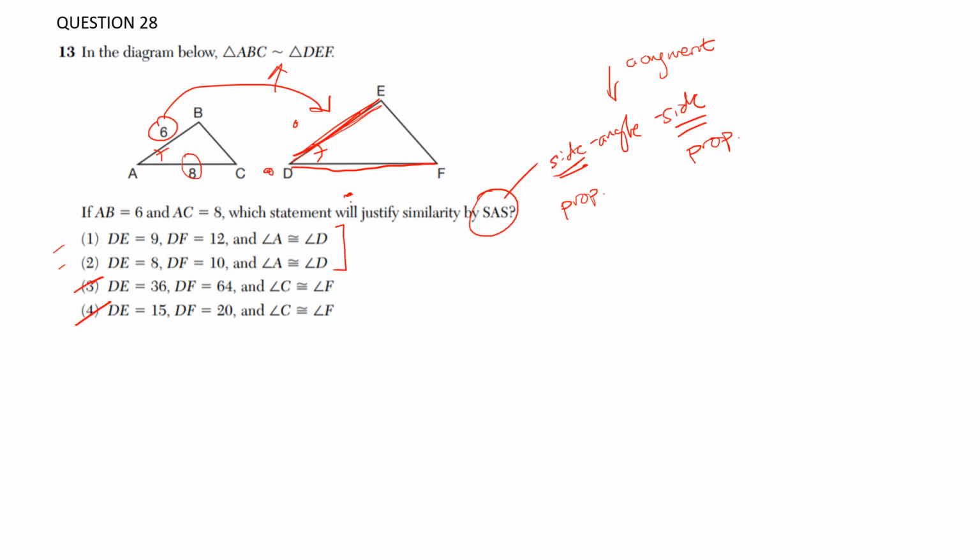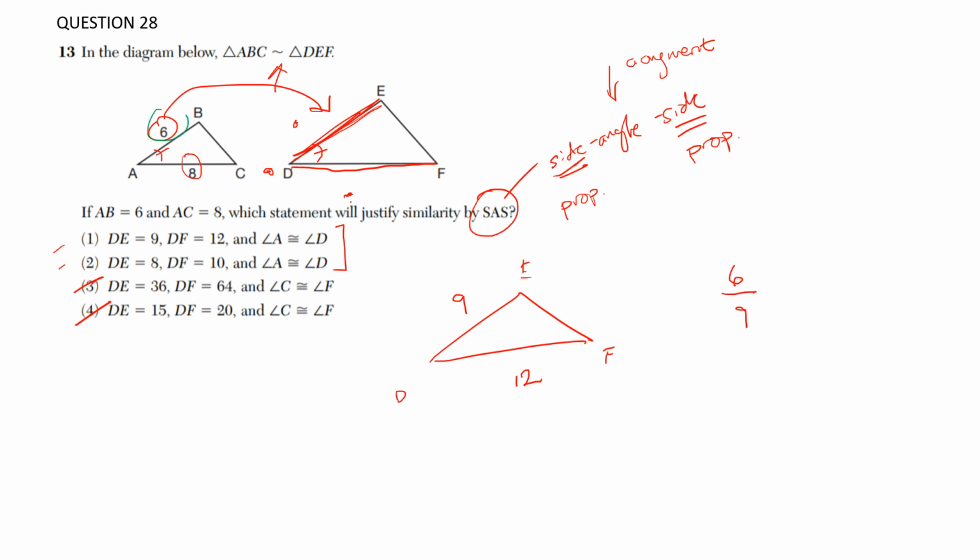Okay, let's look at the proportion now. Let's just entertain option A, or option 1. Let's see if that's the correct one. It's saying, is DEF, we have that as 9 and 12, in some sort of proportion? So let's take a look. Let's compare it to ABC. So 6 mapped to 9. I'm going to mark that here.